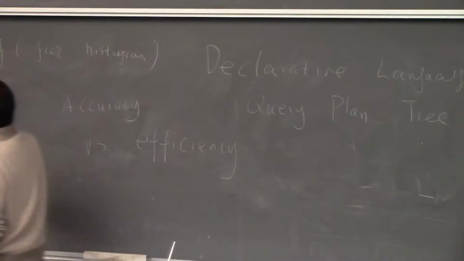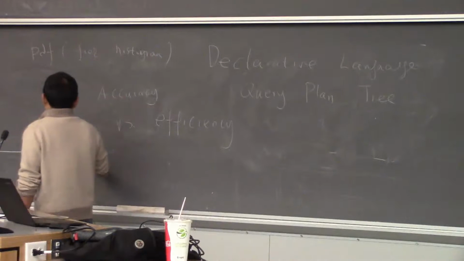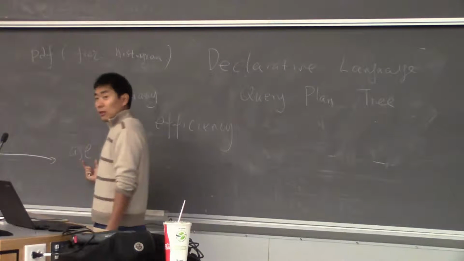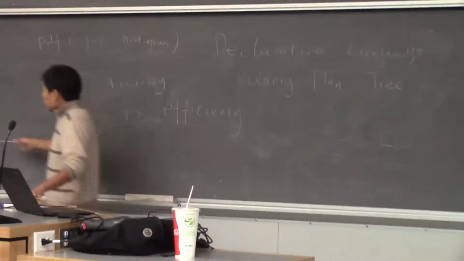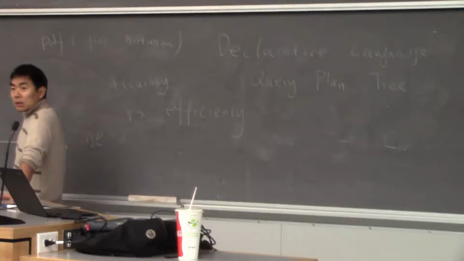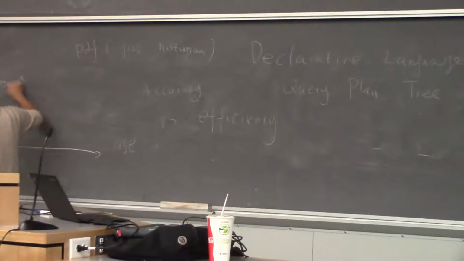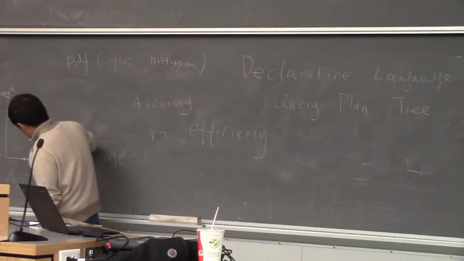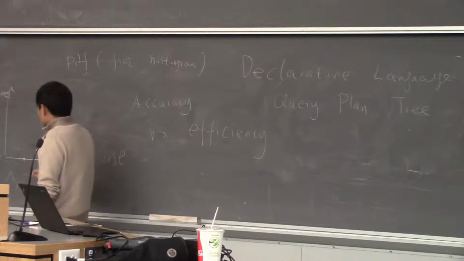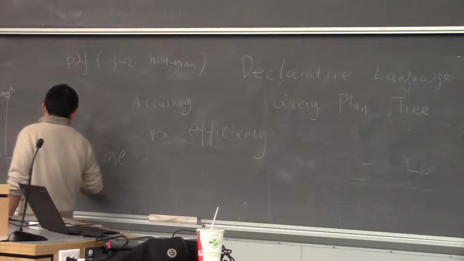To give you an example, suppose this is the age attribute from a student table, and I want to know how many students are in a particular age value group. So this will be frequency, and these are all the possible values for age. Let's say we start with 10, and 12, and so on and so forth.